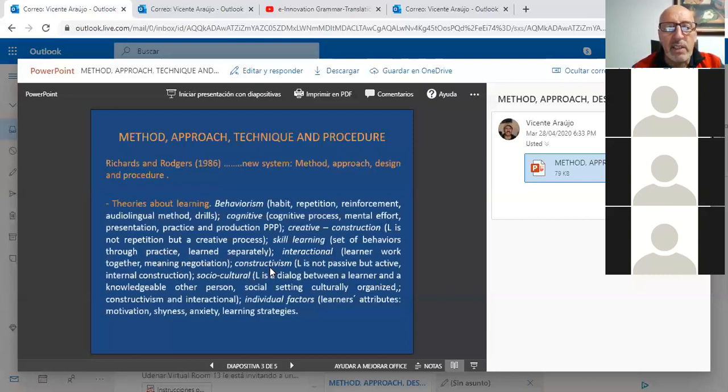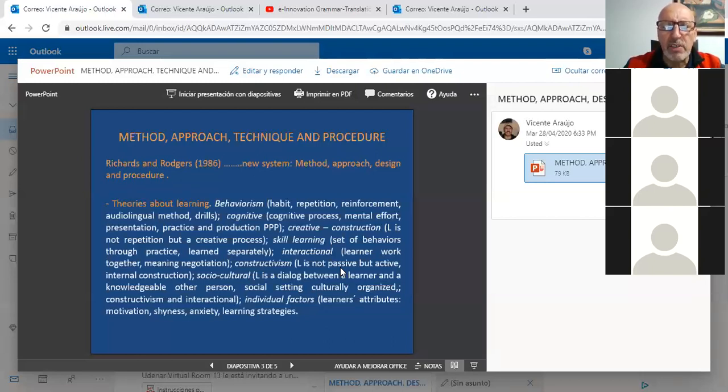The other theory is constructivism. That's another theory about learning. Constructivism. Learning is not passive, but active. You are not like a bucket that receives information.